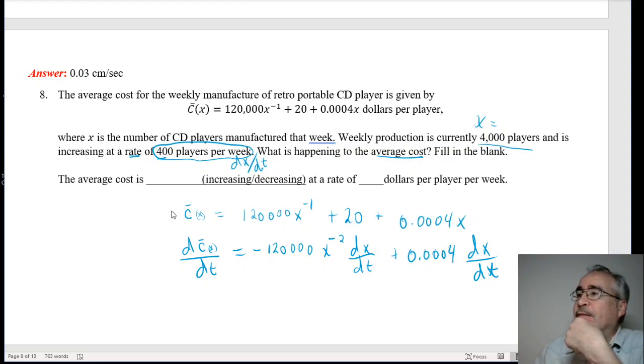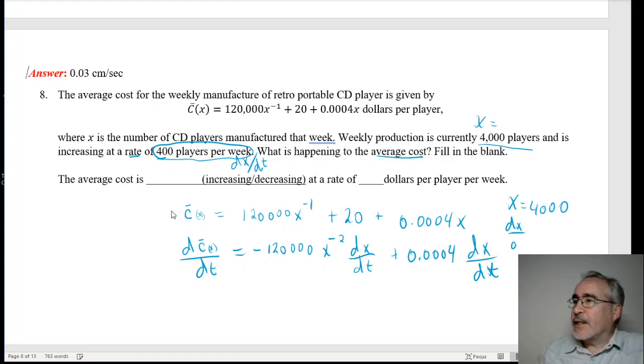What is happening to the average cost? This is going to be the rate of the average cost. So we just need to plug things in. We need to plug in x equals 4,000, and we need to plug in dx dt equals 400. Okay, so we'll do that.